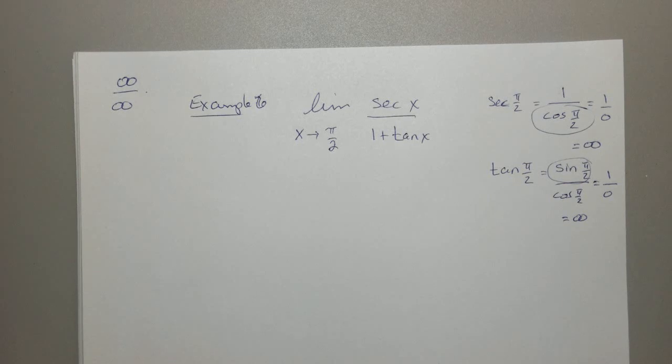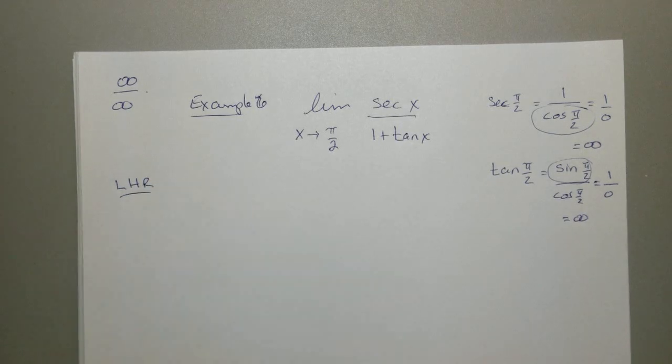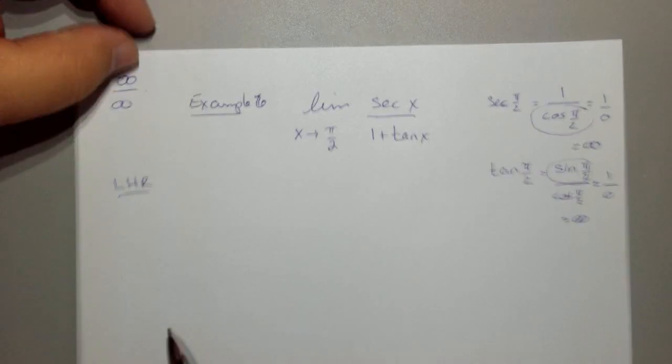That means it doesn't exist yet. If it's infinity over infinity, it's an indeterminate form. So how do we fix that? L'Hopital's rule. The first examples we looked at were 0 over 0. Now we're looking at infinity over infinity.